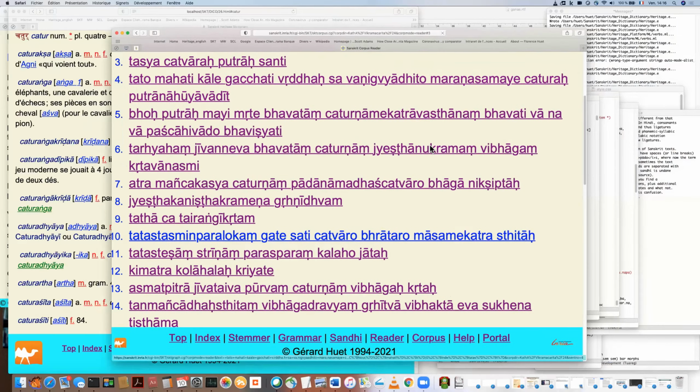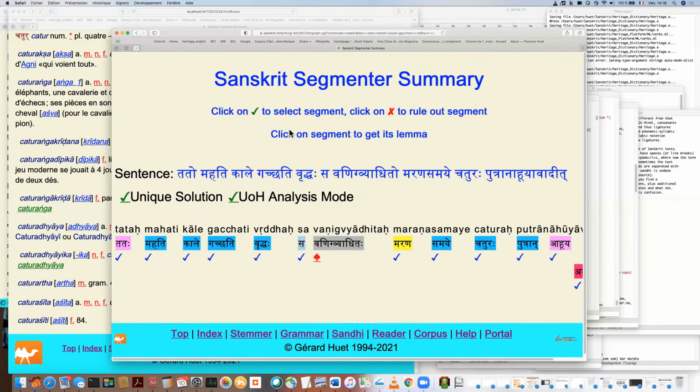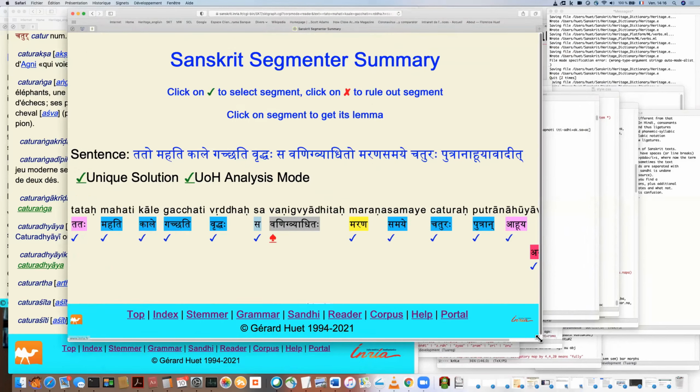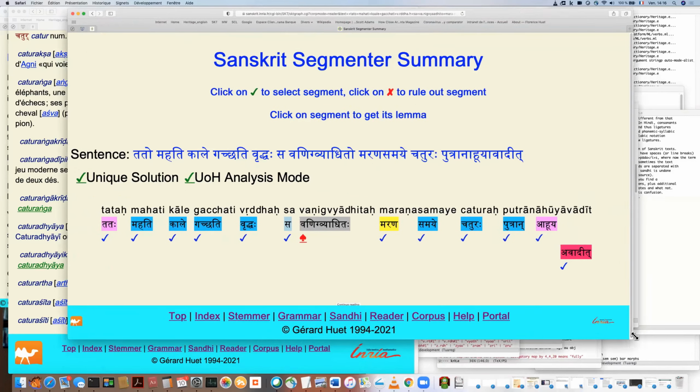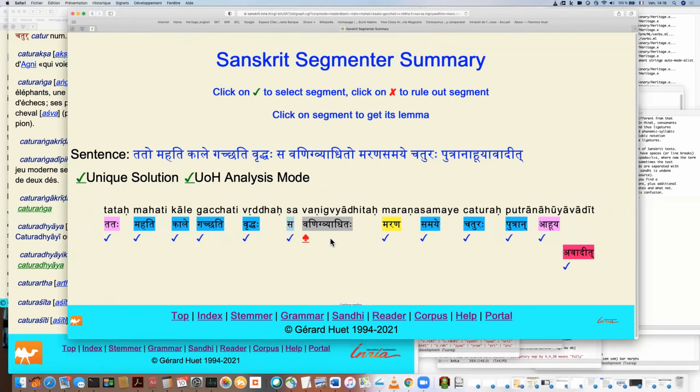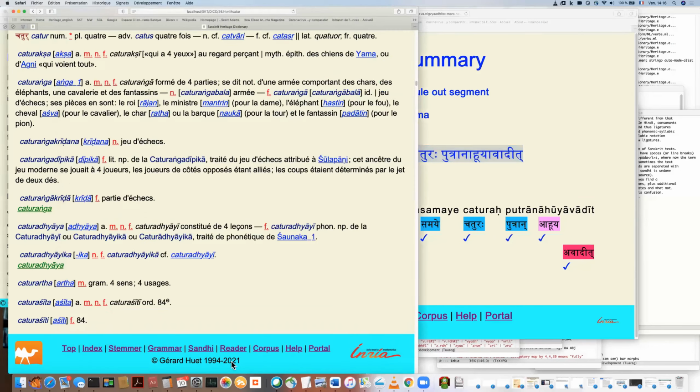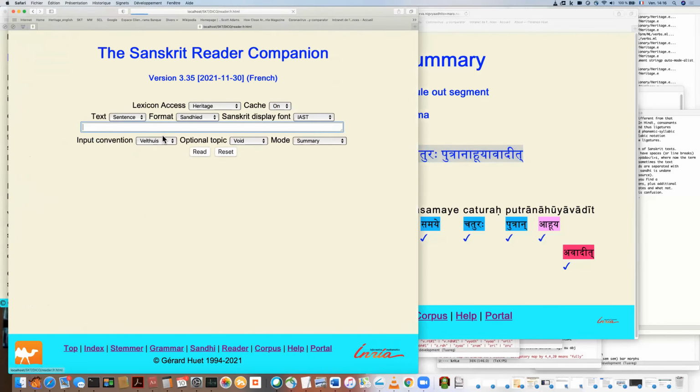So now that you understand, here we have some difficulty. Why is this wrongly analyzed? I don't know. But here, if we go on the reader, we'll see how to fix it.